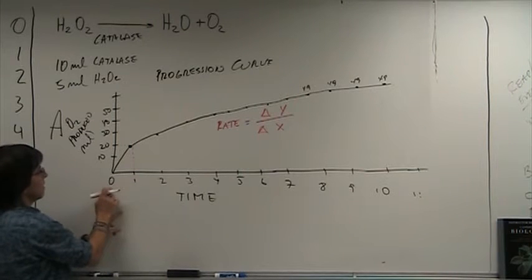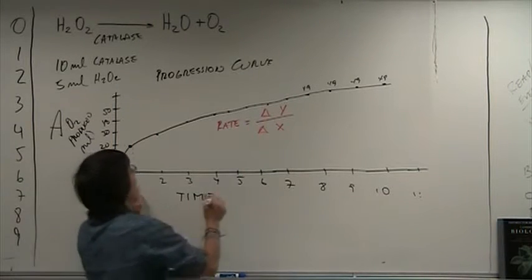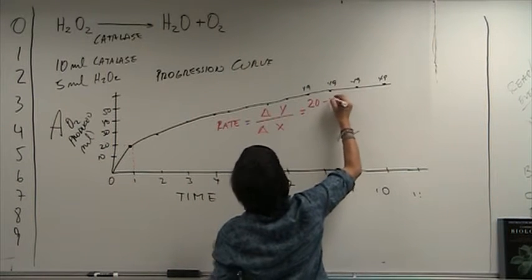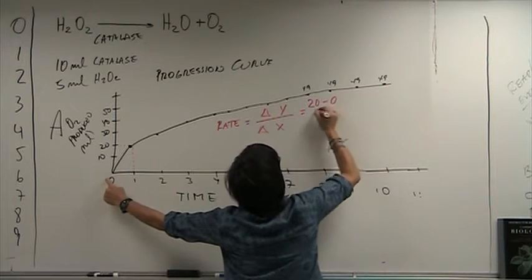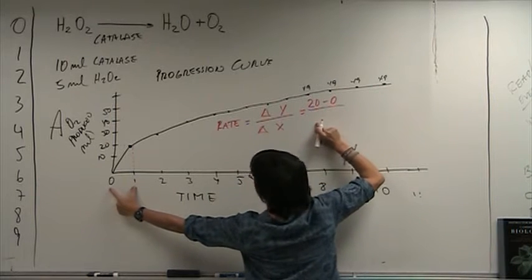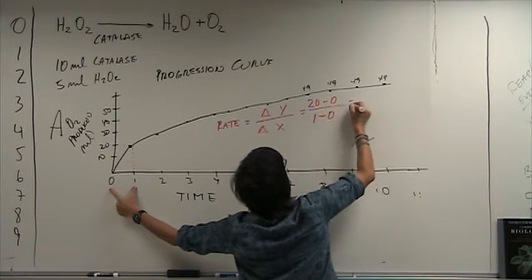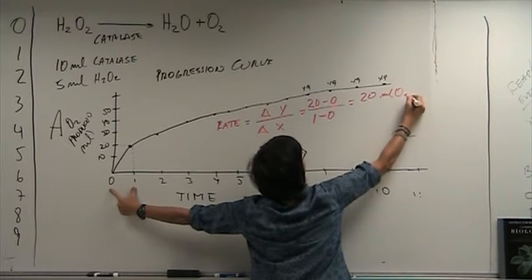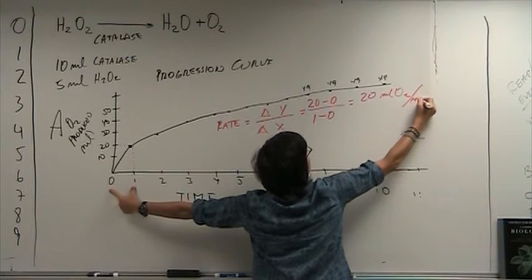So here the interval is between 0 and 1. Change at 1 is 20 minus 0, of course, divided by the change in time, so it's 1 minus 0. Basically 20 mLs of oxygen produced per minute.